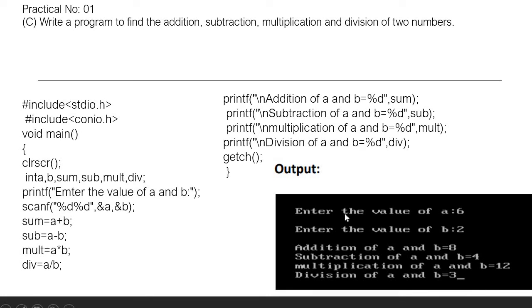You can see over here, enter the value of a means through scanf function allowing user to enter the value for a variable and b variable. As soon as user will enter the value, it processes that data with the help of this part, and output part will display the output for me.